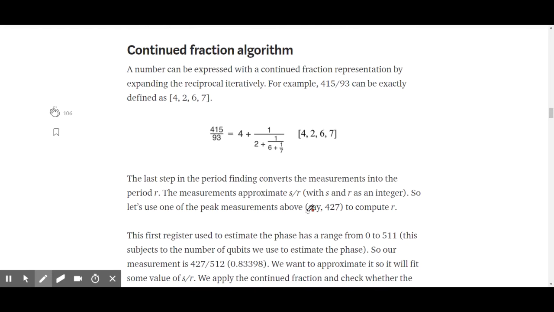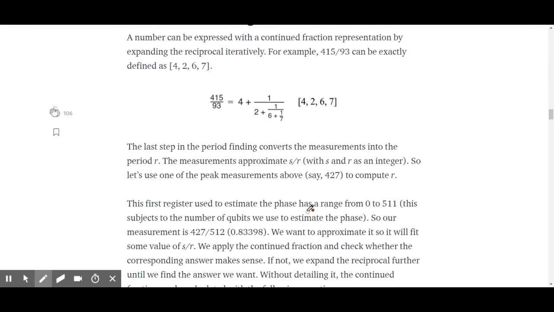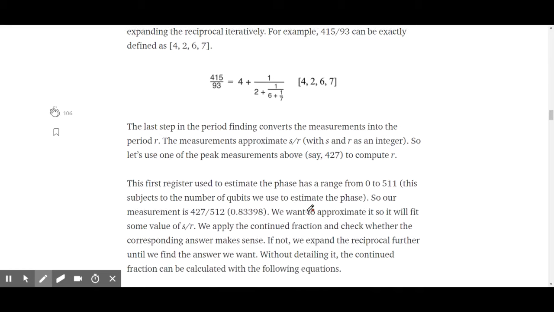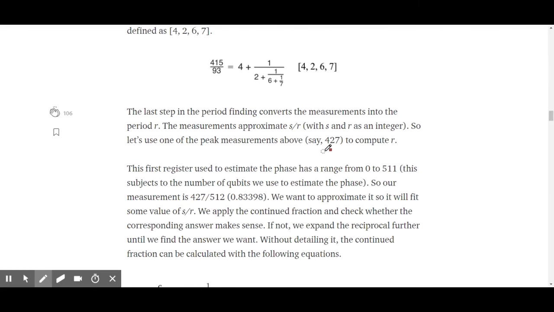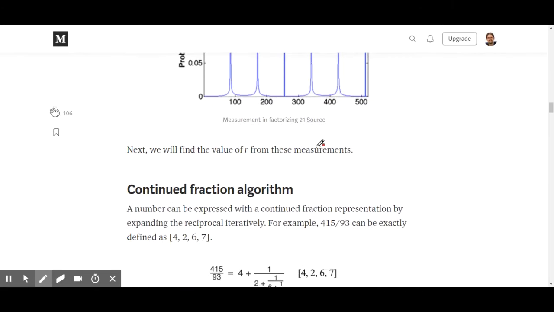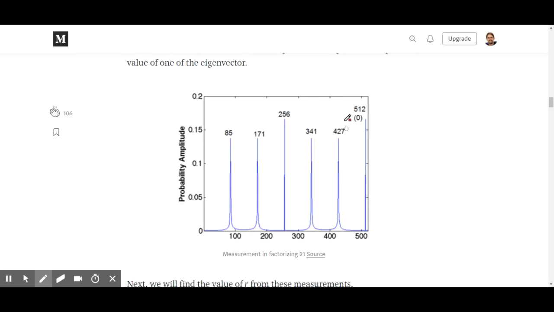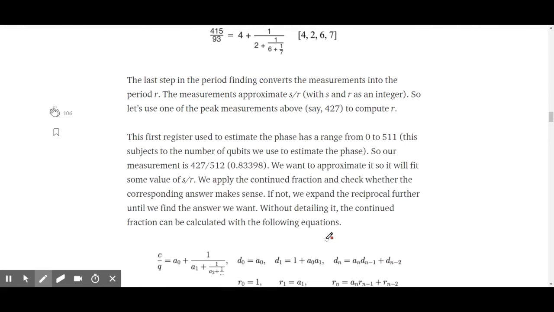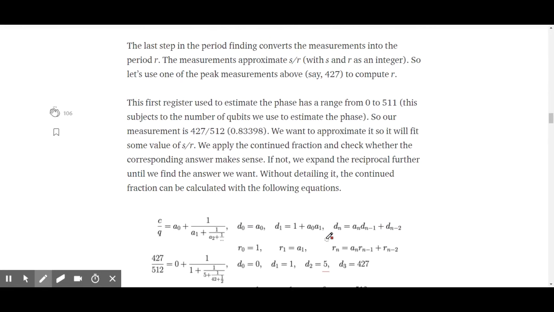The last step in the period finding converts the measurement into period r. The measurements approximate s divided by r, with s and r as integers. So let's use one of the peak measurements above, say 427, to compute r. This is the peak here, 427. The first register used to estimate the phase has a range from 0 to 511.